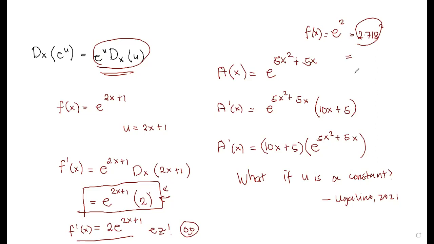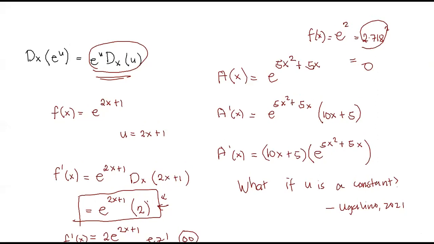And what is the derivative of a constant? Technically, 0. So that's why there's an exception. The exponent of e should not be a constant term. I hope it answers your question, Josh.